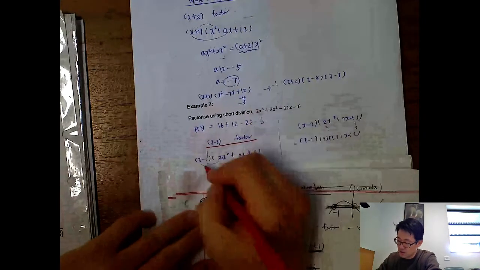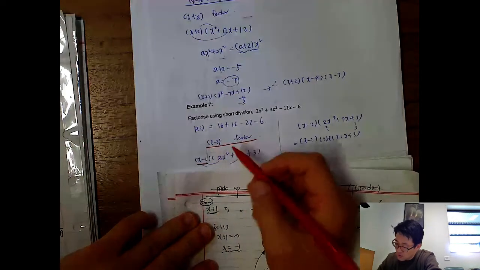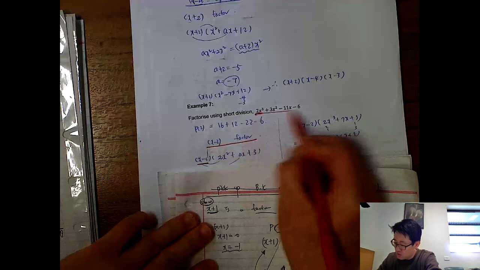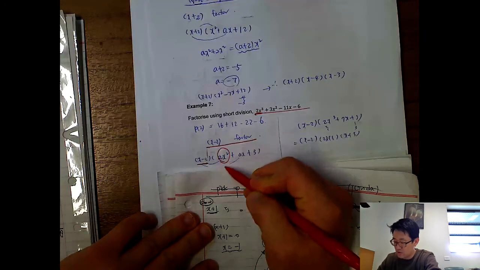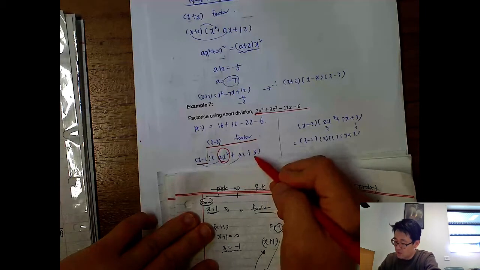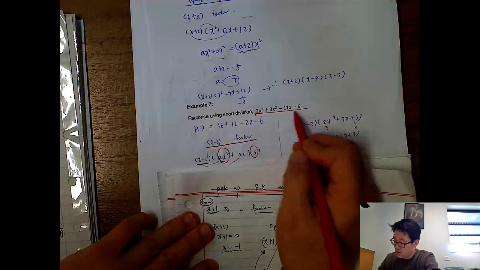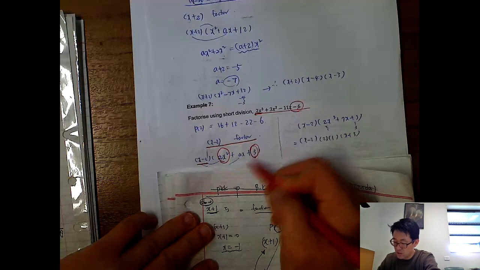That means I can set up x minus 2, and then try to make that 2x cubed, therefore 2x squared. 2 times 1 is 2. Then figure out the number as well: minus 6. Minus 2 times what will give me minus 6? 3.